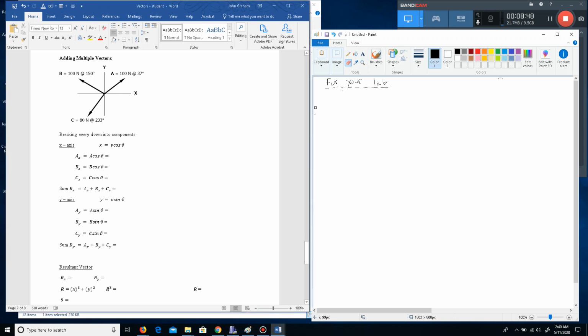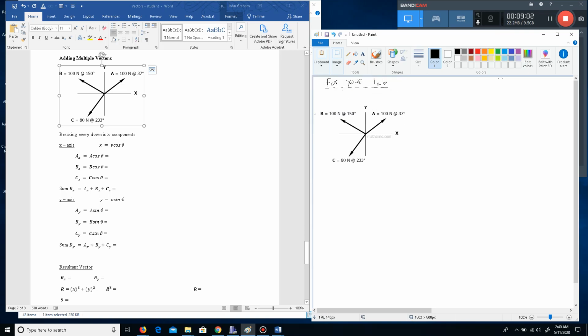I know at one point we do it with 2 vectors and then we do it with 3. This is going to be done with 3. 2 is actually a little bit simpler, no different. You just take away one of the vectors, so it's no big deal.